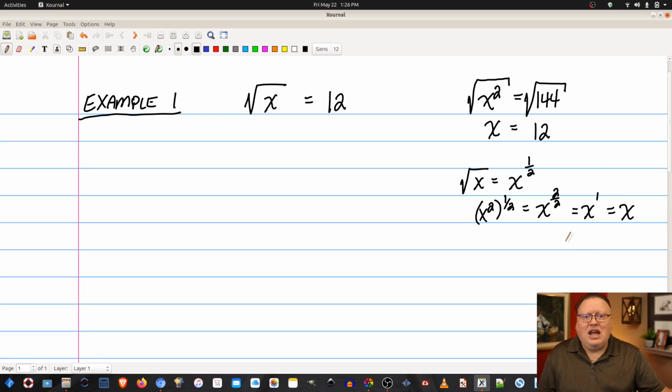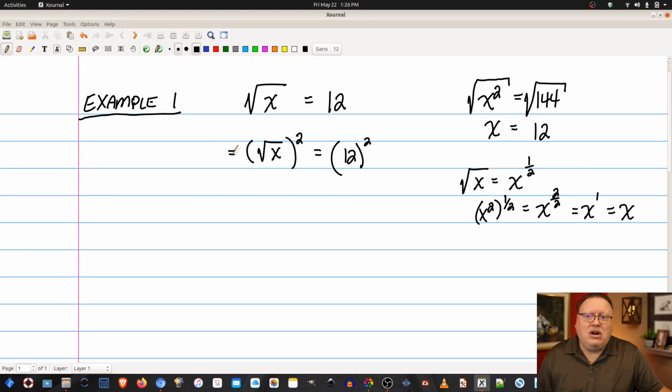So again, not a problem, okay? What happens with the square root? Well, just like we undid the square with a square root, I can do the same with this, okay? I can take this square root of x and I can undo that with a square. And here we just square both sides of the equation.